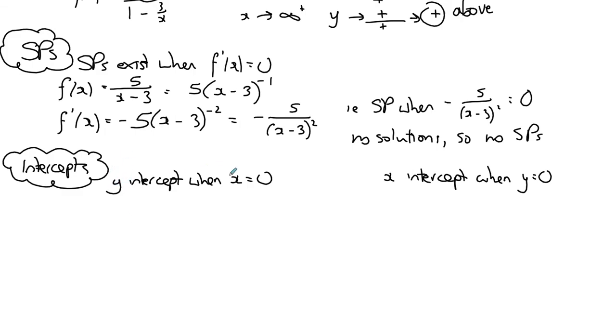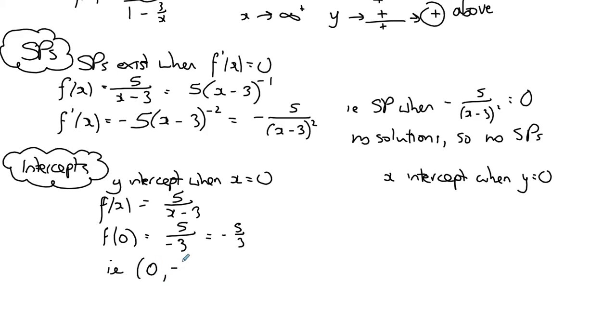The y-intercept will be when x equals 0, so if our original function f of x equals 5 over x minus 3, all we need to do is substitute 0 in, and that gives us 5 over 0 minus 3, which is 5 over negative 3, in other words just negative 5/3 or negative 1 2/3. In other words, the y-intercept is at (0, negative 5/3).